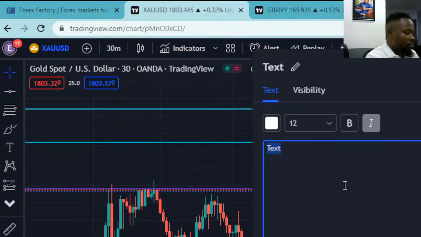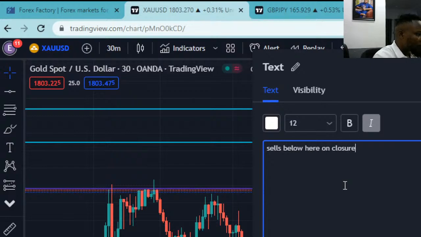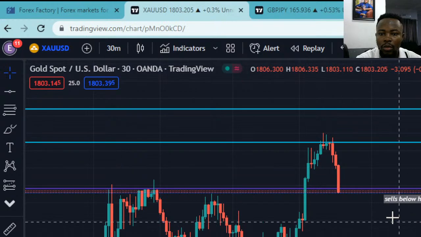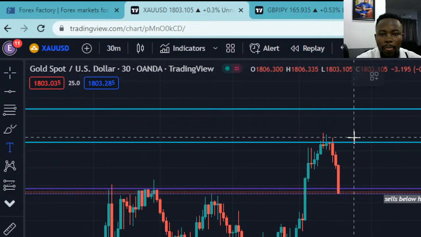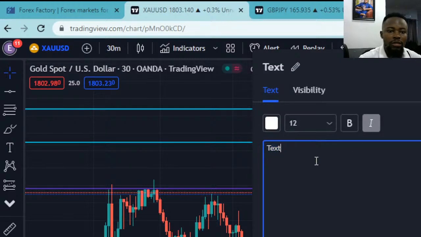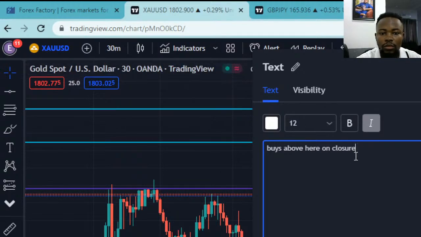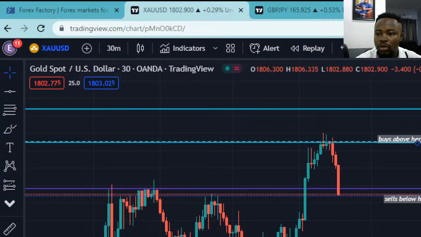So this will be sells below here on closure, and we'll have our buys also above here on closure, right? So we have 30 minutes to see what gold is going to do here. We have 30 minutes for gold to close here.